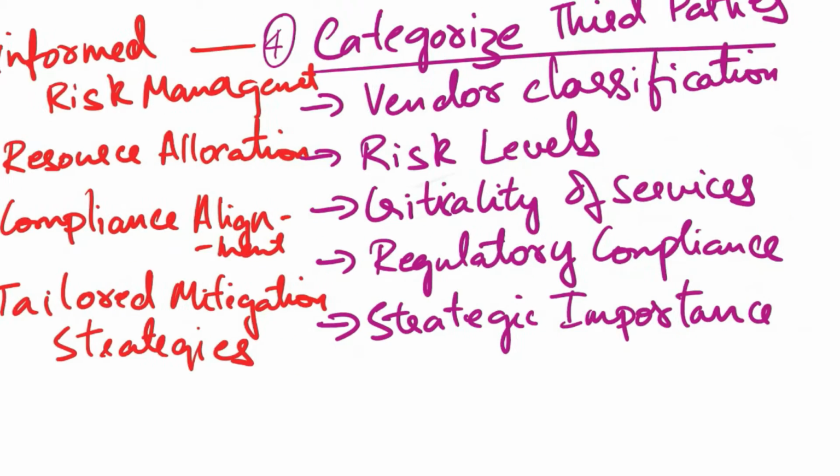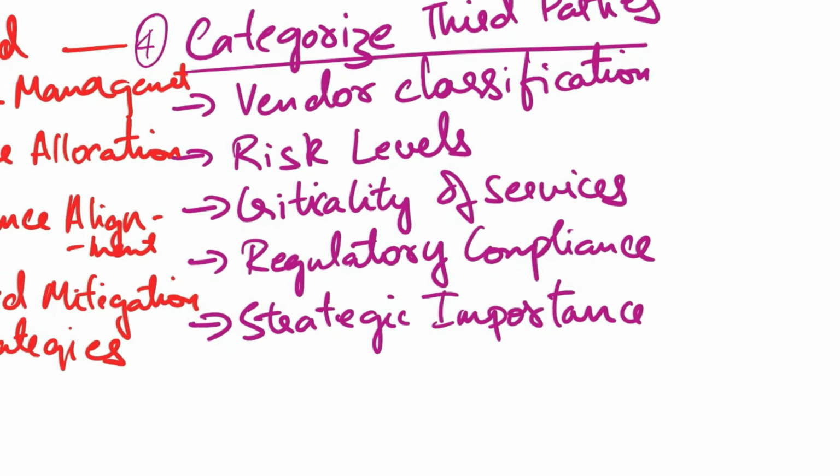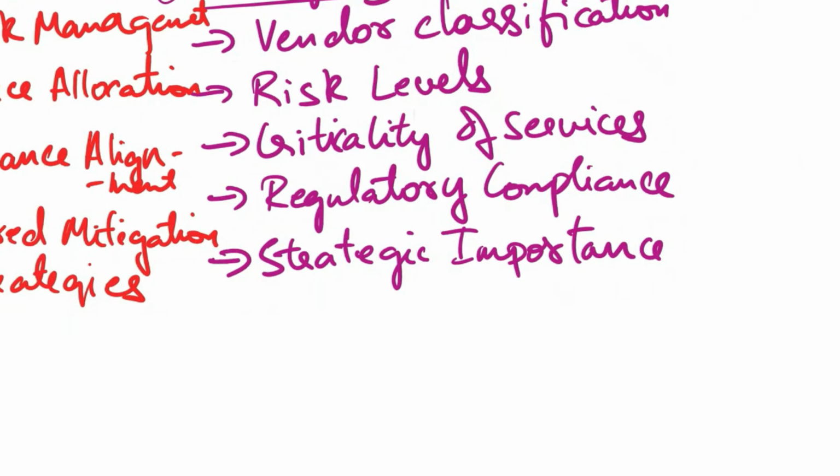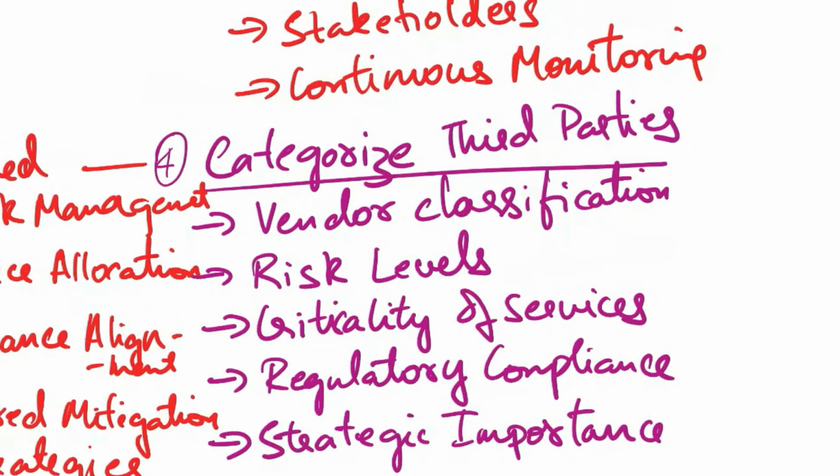So, in summary, categorizing third parties in the TPRM process is crucial for informed and targeted risk management, and it enables organizations to allocate resources appropriately, align with regulatory requirements, and implement tailored mitigation strategies based on the varying risk levels of their external partners.